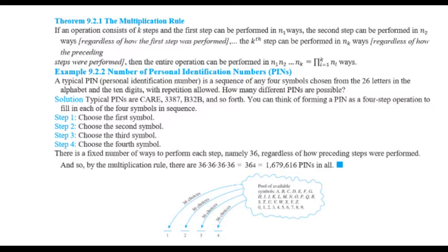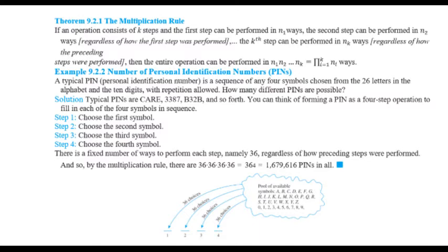The kth step can be performed in n sub k ways, regardless of how the preceding steps were performed. Then the entire operation can be performed in n1 times n2 times n3 all the way to nk ways, which is the product of n sub i for i from 1 to k.